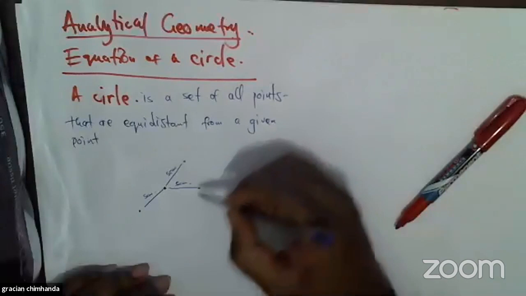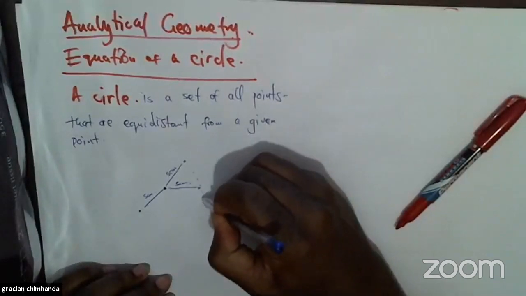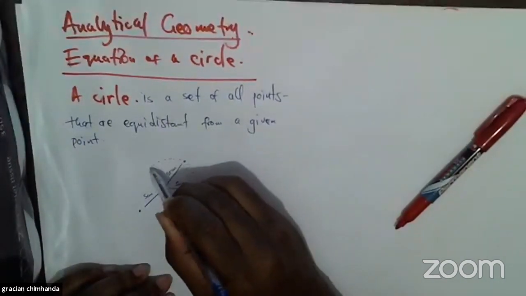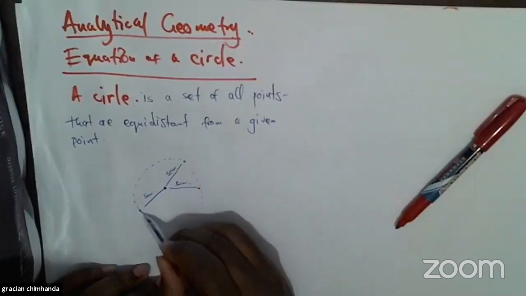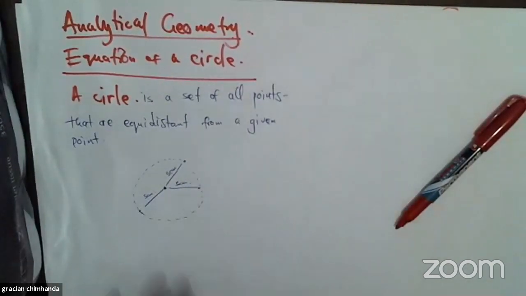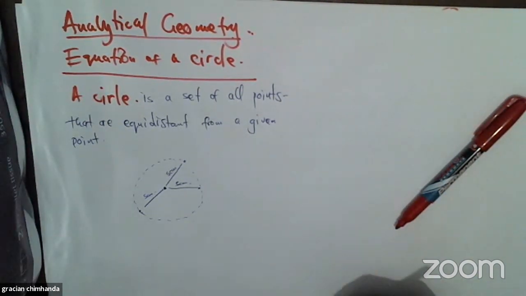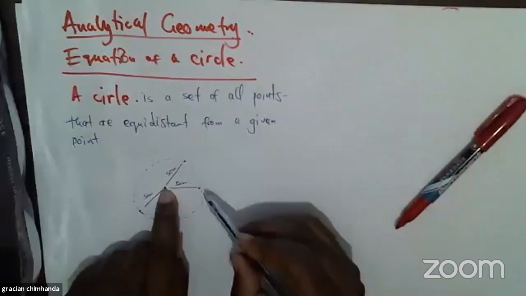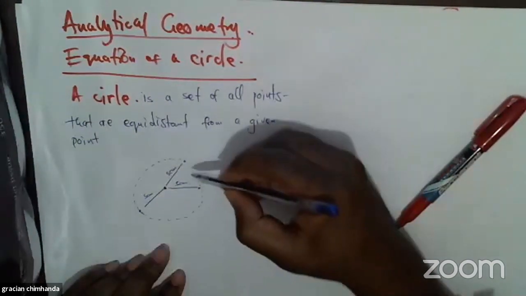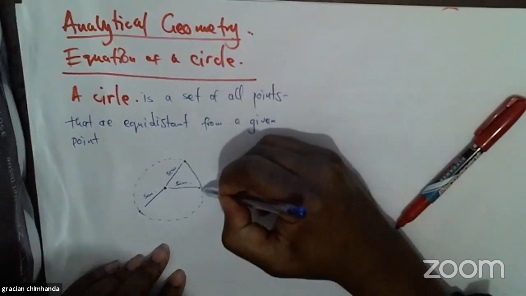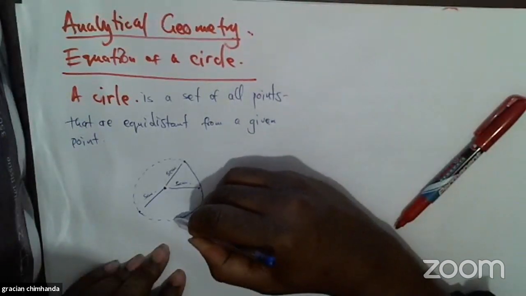So if we now check, we have an infinity number of points. Sorry for my circle, but I'm just drawing it for illustration purposes. We have an infinity number of points that are equidistant. So if we now join these points, we create what is called a circle.